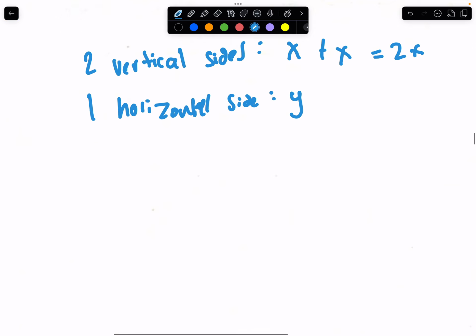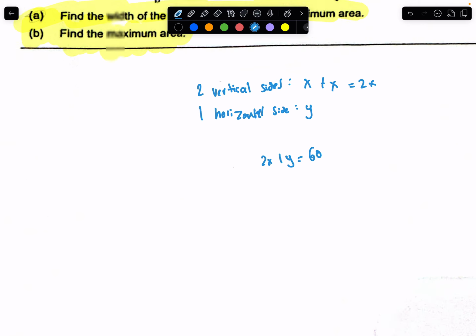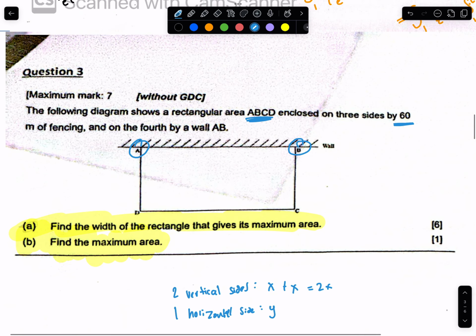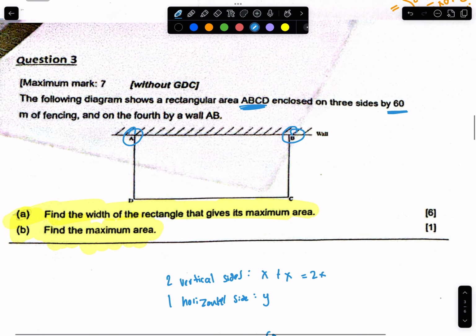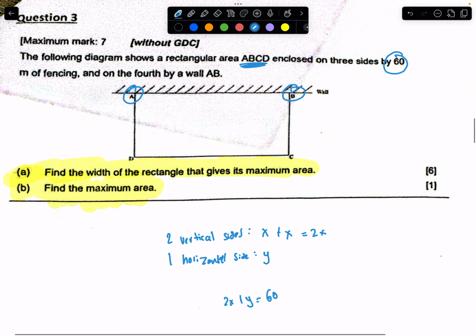And the total fencing used is 2x plus y is equal to 60, because it says the 3 sides have 60 meters of fencing.